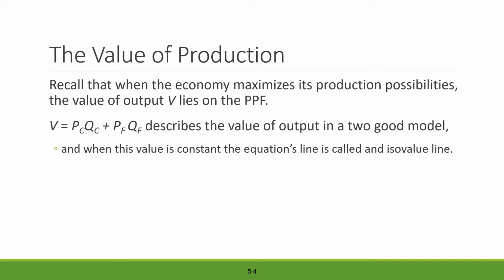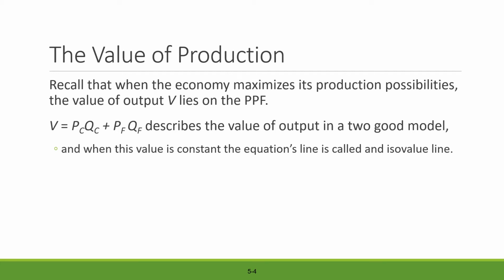And how can we determine the value of production? The formula is given here: V equals PC times QC plus PF times QF. PC is the price of cloth and QC is the quantity of cloth. If you are producing 10 units of cloth and each unit of cloth costs 10 rupees, then the total value of cloth that we have produced is 10 multiplied by 10, and that is 100.